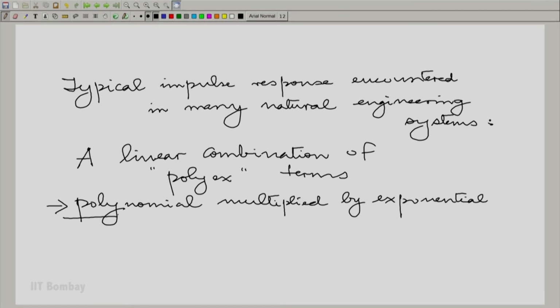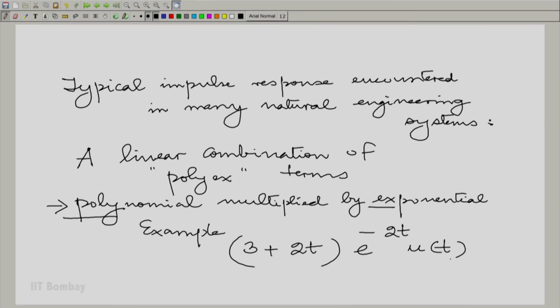So, poly-X. As an example, we can have something like (3 plus 2t) into e raised to the power minus 2t u(t), and a linear combination of such terms with different exponential parameters.